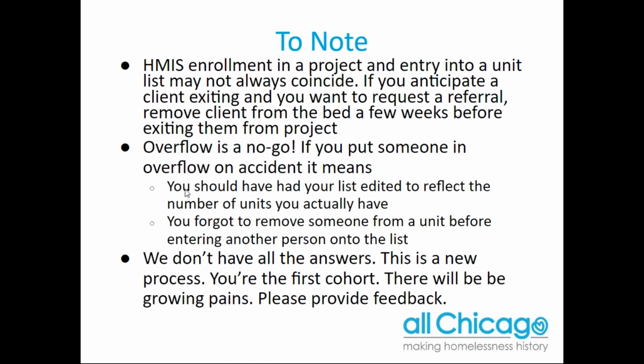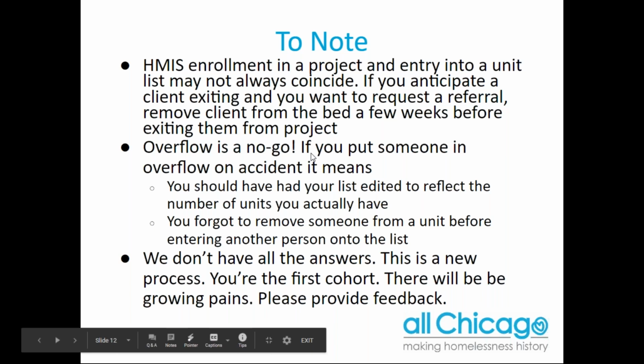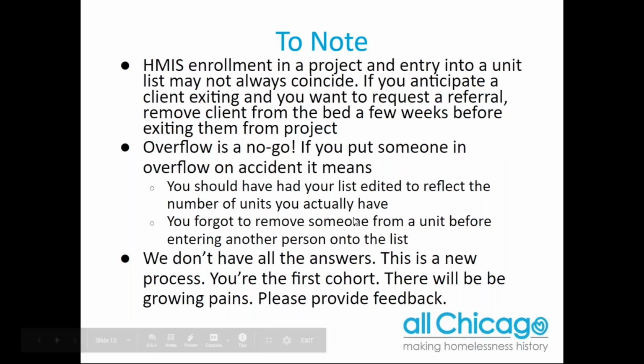The reason that might have happened is you were trying to edit it or add a unit, or you forgot to remove someone from a unit before entering another person onto the list, or you accidentally attached a child, partner, or any other family member aside from the head of household to the entry to the project. Hopefully if any of you are skilled assessors, you'll be familiar with not including the family members on your entry.